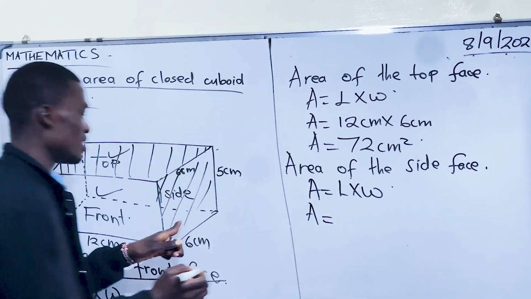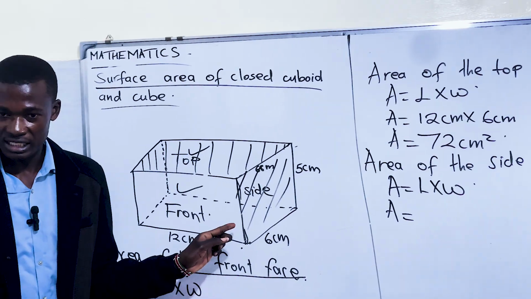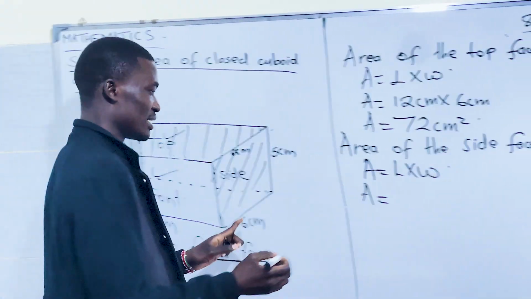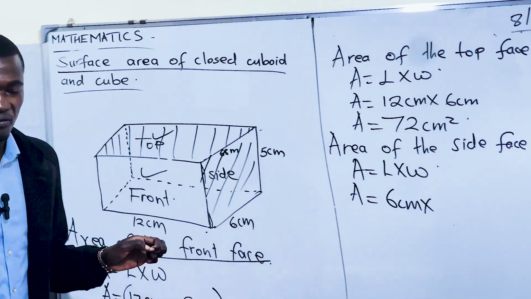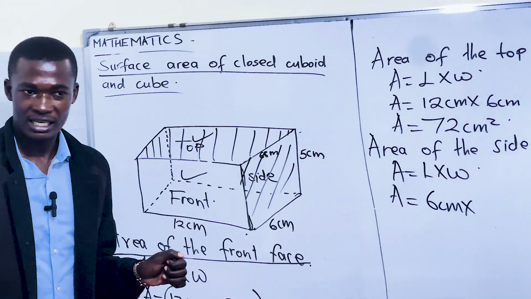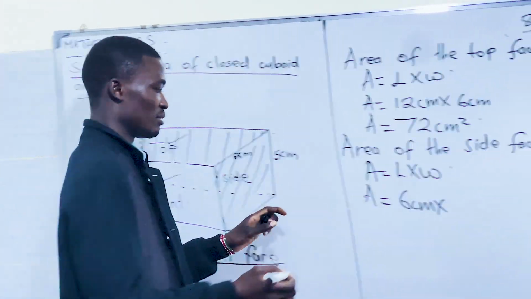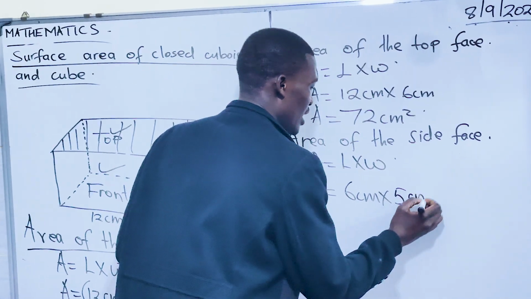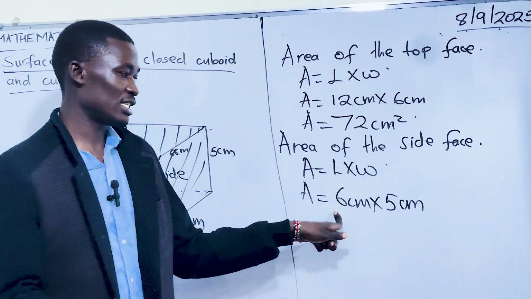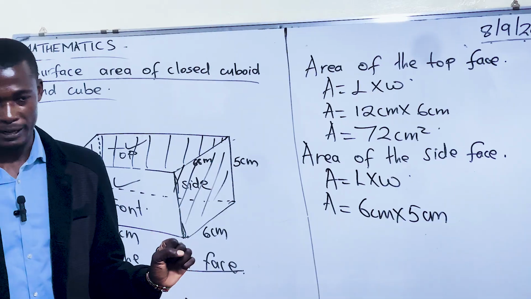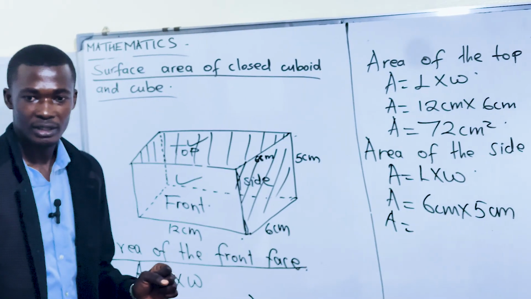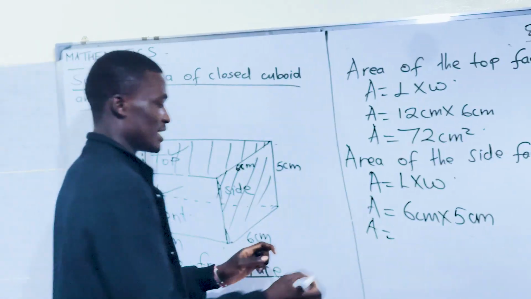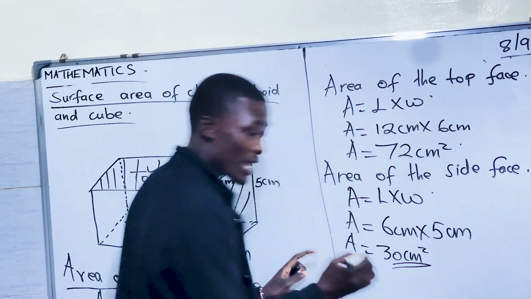What is going to be the length of the side face? 6 centimeters. Very good. And the width of the side face is, yes, 5 centimeters. If we multiply 6 centimeters by 5 centimeters, we get an area of, yes, 30 centimeters squared.